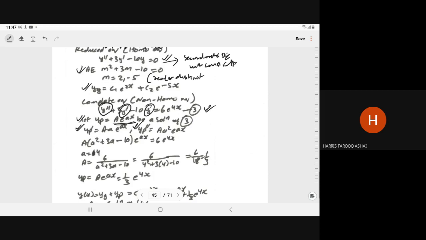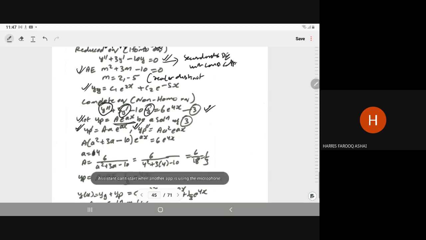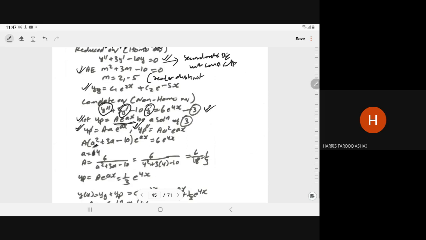So this will come. Here, in place of y double dash, we put capital A a square e to the power ax, plus 3y dash.